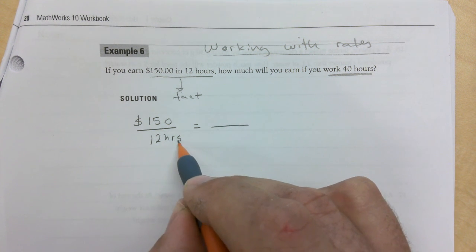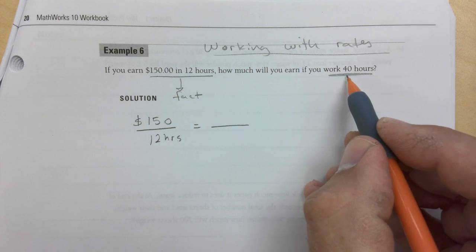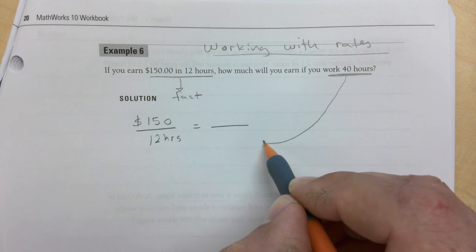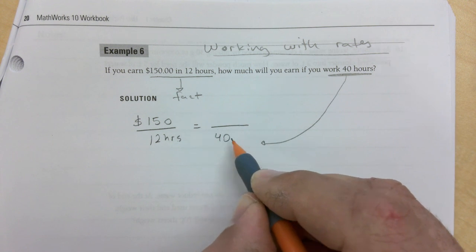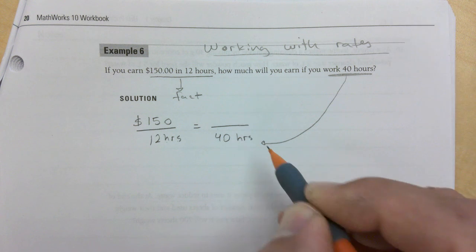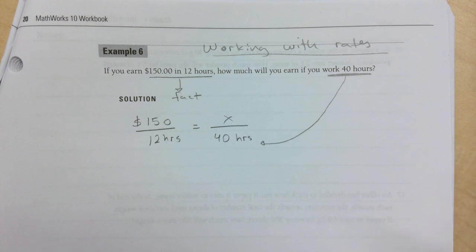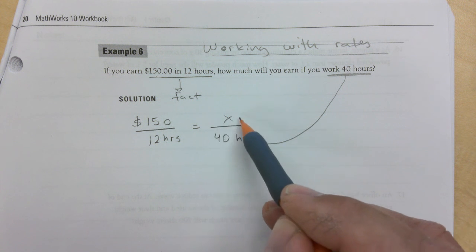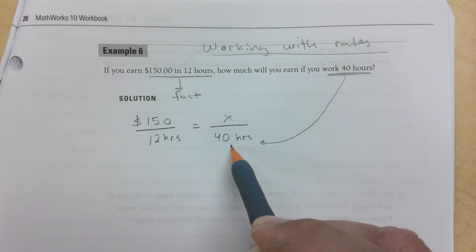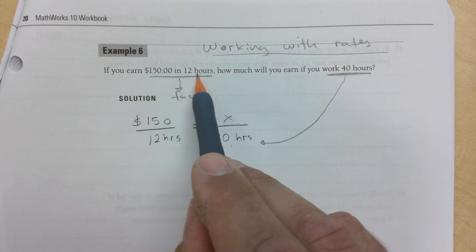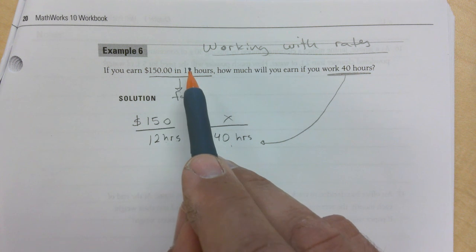If I work more or less hours, it doesn't matter. So I'm working 40 hours. That's going to go here because hours match with hours, just like before, blue paint matches blue paint and so forth. And so they want to know how much money I make if I work this many hours. So notice that what they gave you is not the amount per hour.